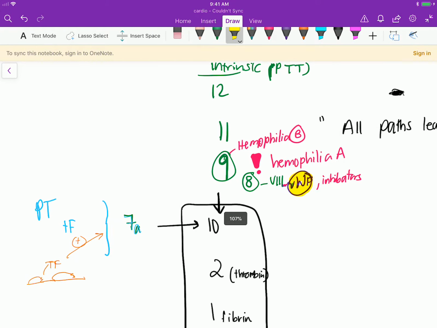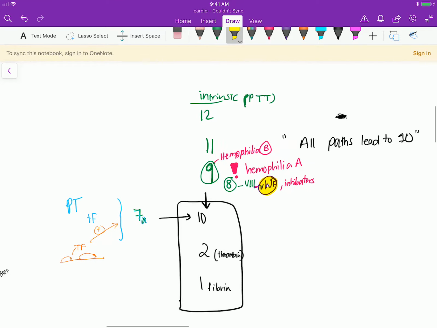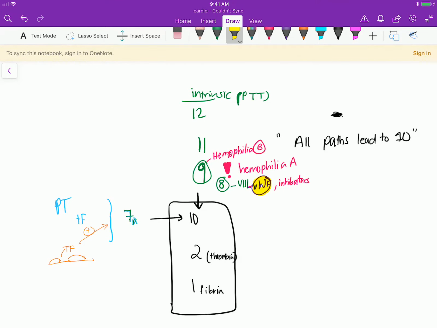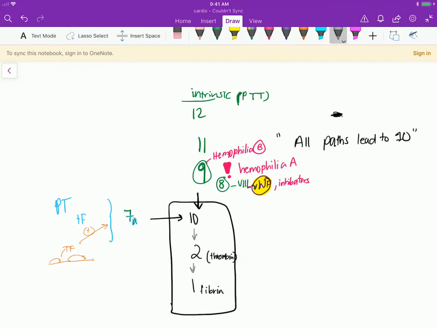And then let's talk about, so this doesn't work. I mean, this should give you a good idea of how you should remember the extrinsic and intrinsic pathway, and of course a common pathway. Also remember that thrombin can activate a whole bunch of other guys.